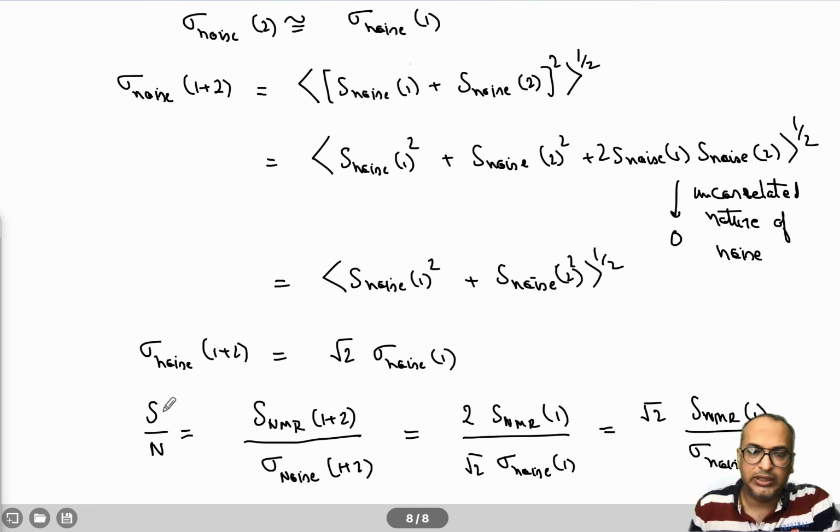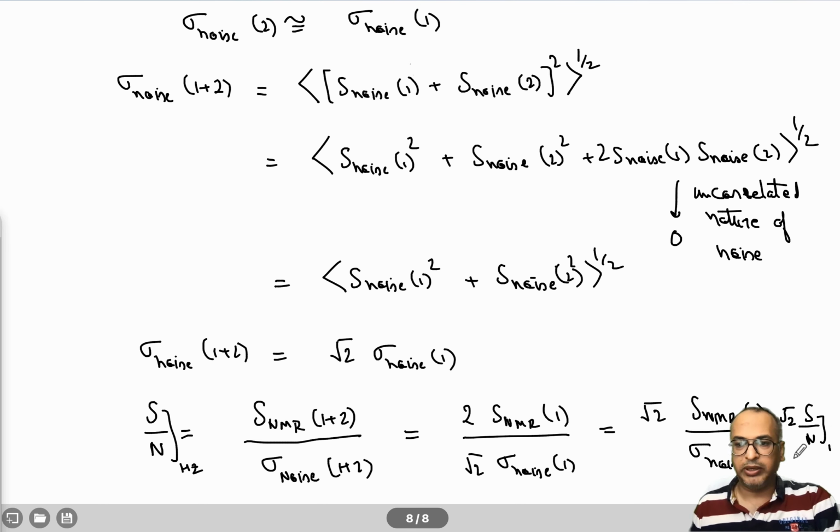So signal to noise, let's say if this is 1 plus 2, this becomes square root 2 times signal to noise of only the first experiment, right? So if you double the number of scans, your signal increases by only 1.4 times, right? This is very clear.